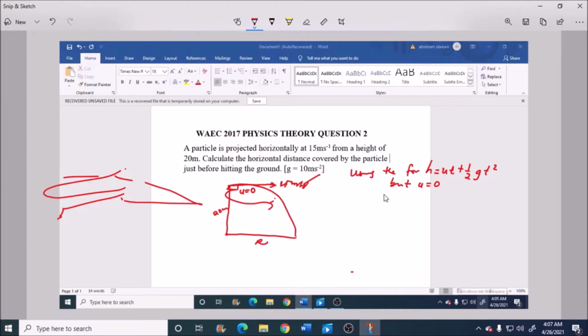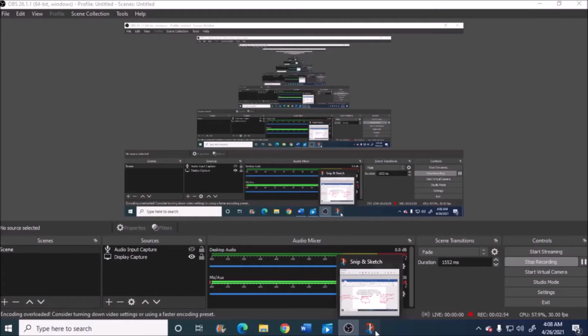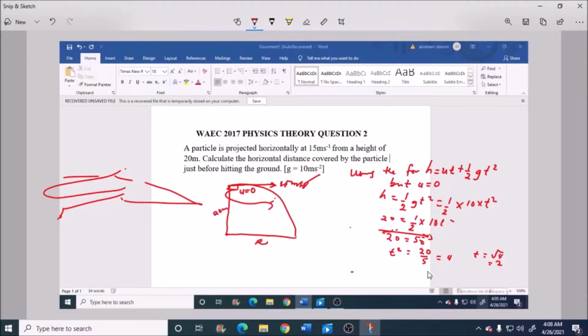Of course, we have the height to be 20, equals 1/2 times 10 t squared. So here we have 20 equals 5t squared. We have t squared equals 4, so t is 2 seconds.